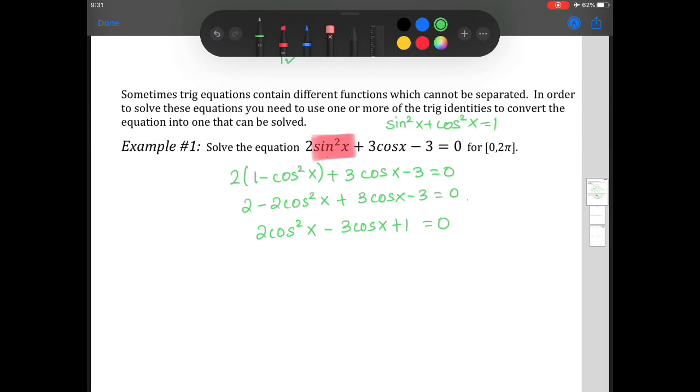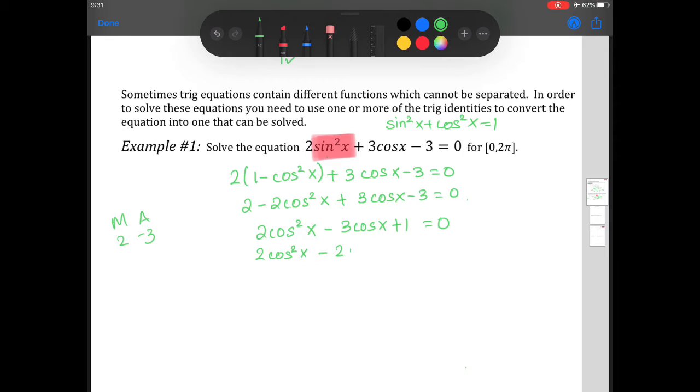So this is pretty simple now. Again, the structure: there are 3 terms and the leading coefficient is not 1, so you're going to do the AC method. You're going to split the middle term into your 2 factors. You need 2 numbers that multiply to 2 and add to negative 3, which is negative 2 and negative 1.